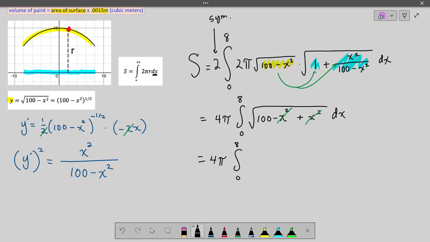So we take the square root of 100, get 10. So we get that. So this will be 40 pi multiplied by what? 8. The integral from 0 to 8 of dx is the length of the interval, which is 8 minus 0, which is 8. So we multiply by 8. So we get 320 multiplied by pi.